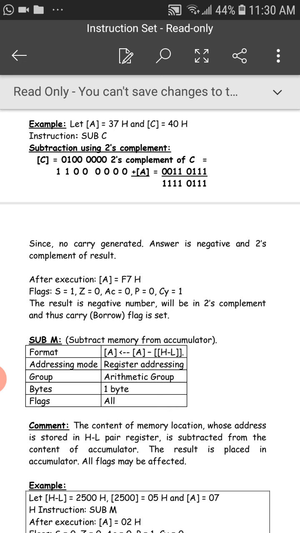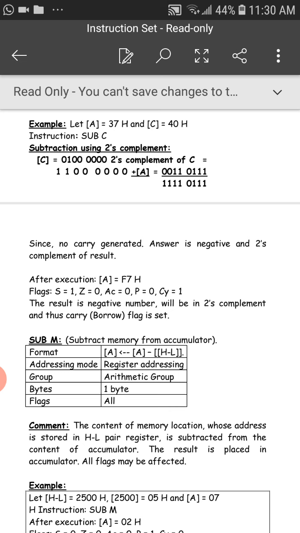How to calculate the 2's complement and 1's complement, all videos are there. So go through them to find it. Otherwise, in our theory lecture I already told you all these things. So go through it and if you have any query then ask me.